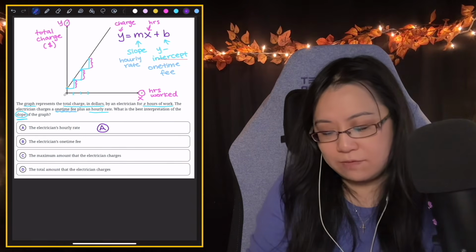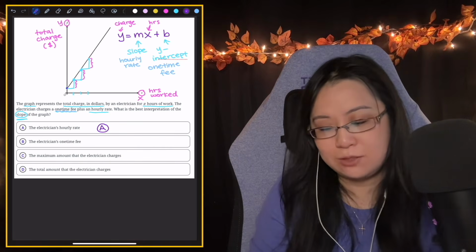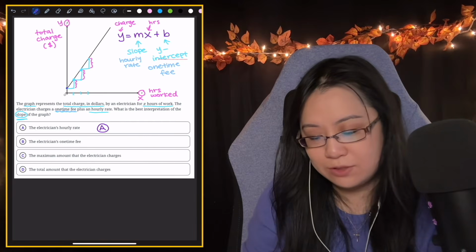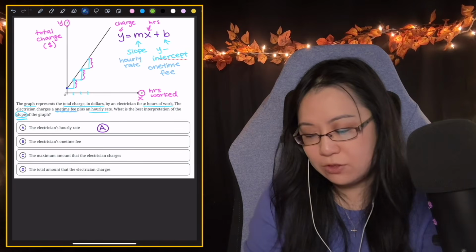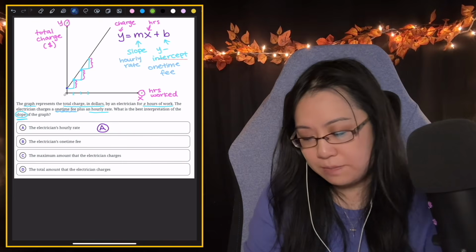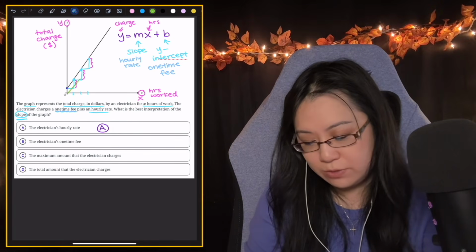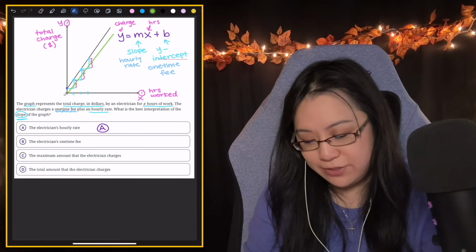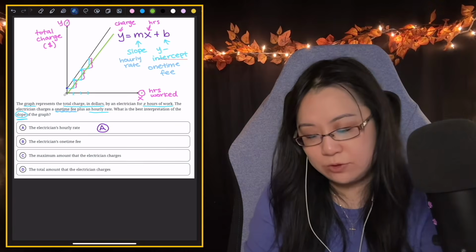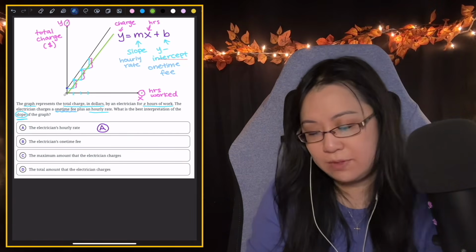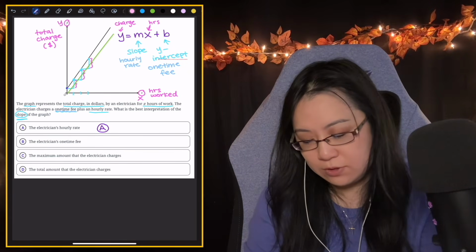Now I know it gets kind of confusing that the line doesn't start at 0, so another way to look at this, you don't have to know this to answer the question, but just an interesting way of looking at it, is that if you move this entire line so that it goes through 0, but you keep it parallel, you shift every single point down by the fee, then you literally have this graph that just goes through this 0 point.